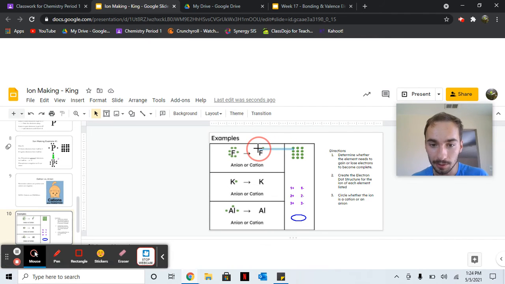So keep dragging them over until you have 8 electrons on fluorine. And do them in pairs and have 2 on every side.